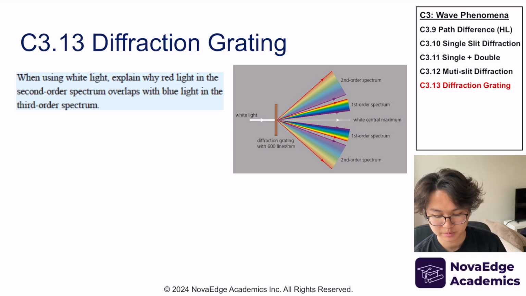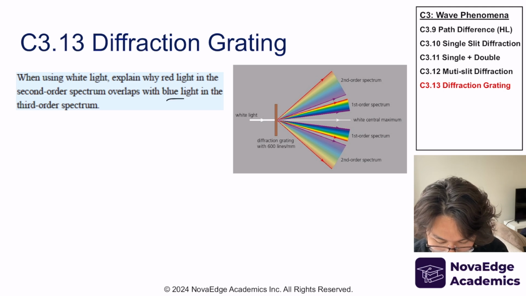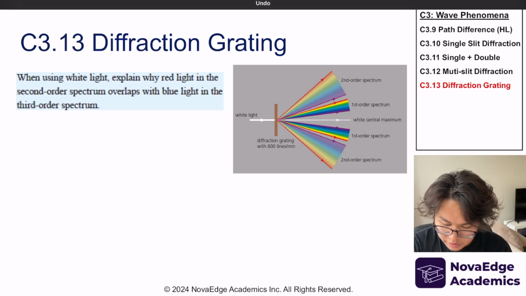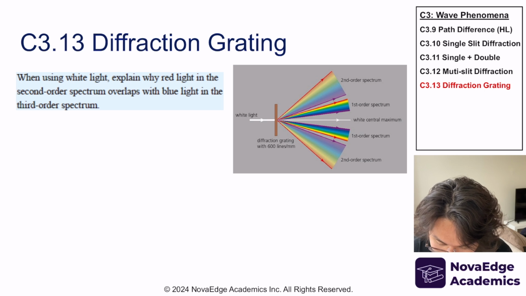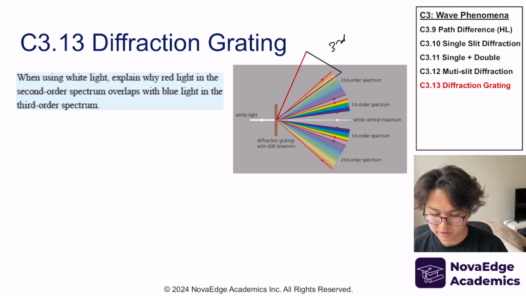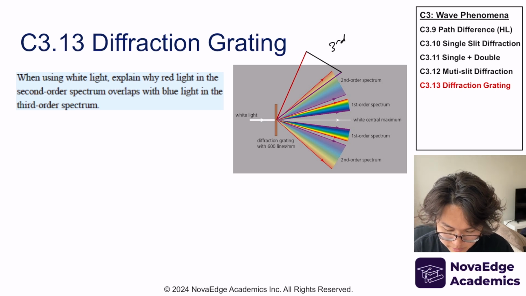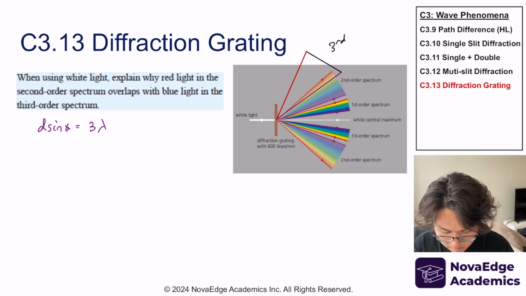So we need to explain why red light in the second order spectrum overlaps with the blue light in the third order. If I had a third order here, it would probably look like this. And the reason why it overlaps is, well, that's what happens with violet.